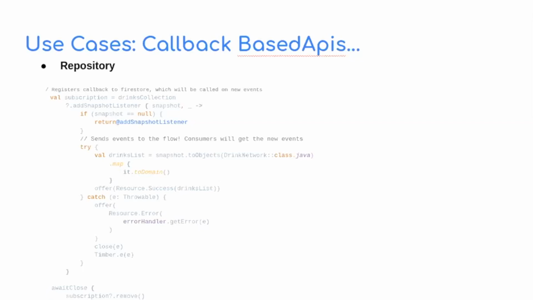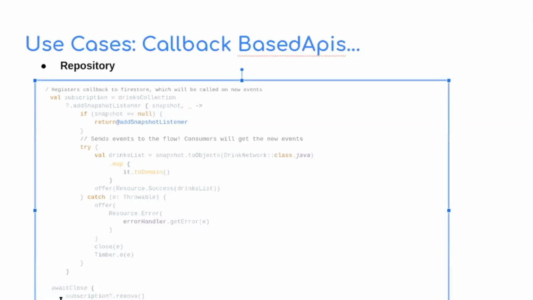Finally, we have an await clause. Callback flows can close at any given time. So when there's an error, we close it, and our callback flow will stop emitting the data. But the await clause will wait, for example, if we want to unsubscribe from listening to changes of data from our Firebase.